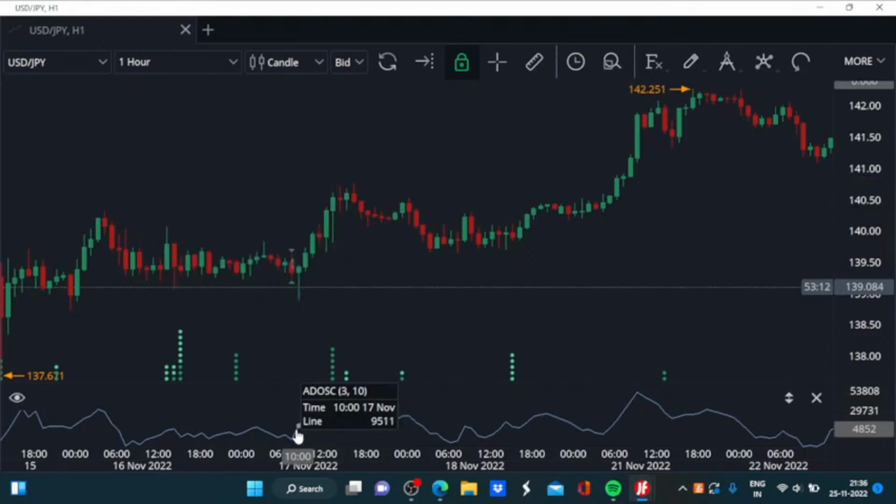If we look at its output parameters here, we had the Chaikin accumulation distribution oscillator in the negative territory, and then it turns the corner, its value almost more than doubles, and then it continues on the same trajectory for a couple of hours.